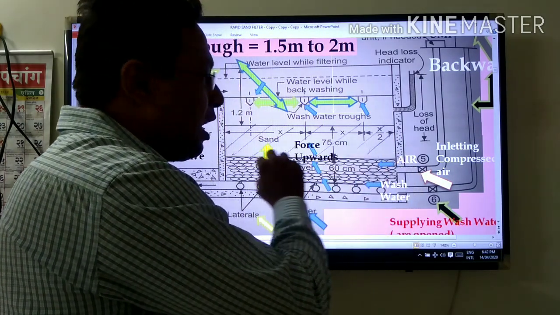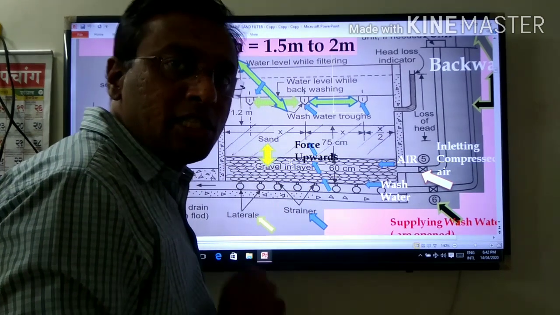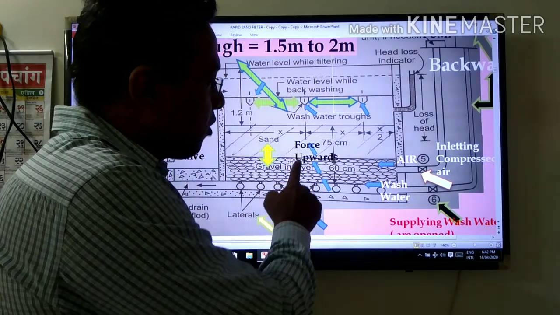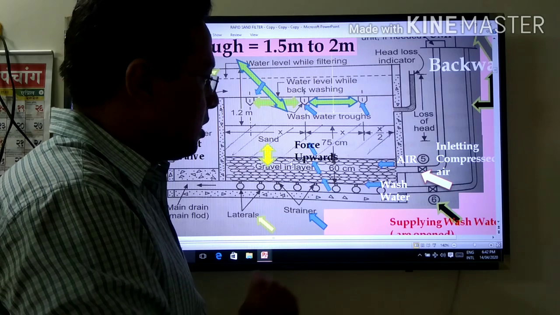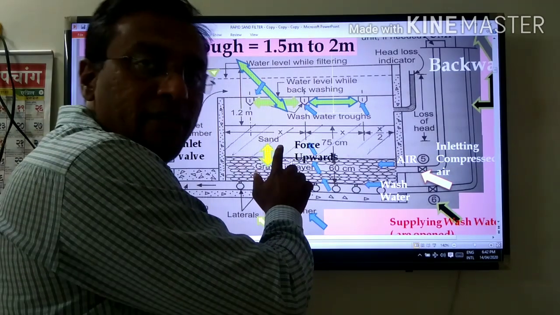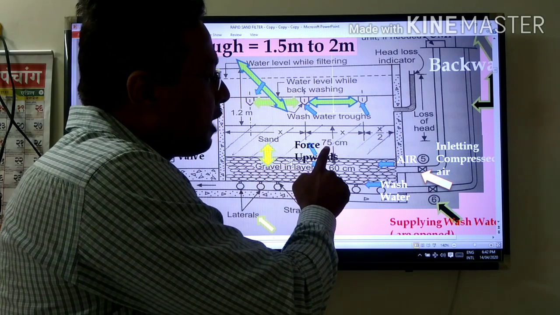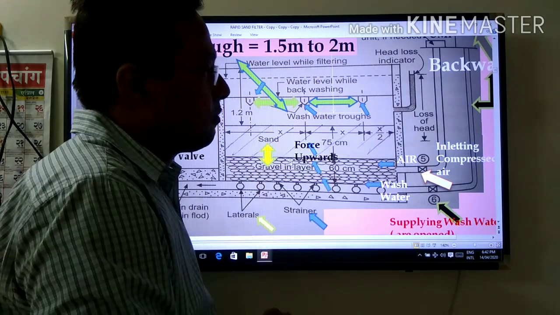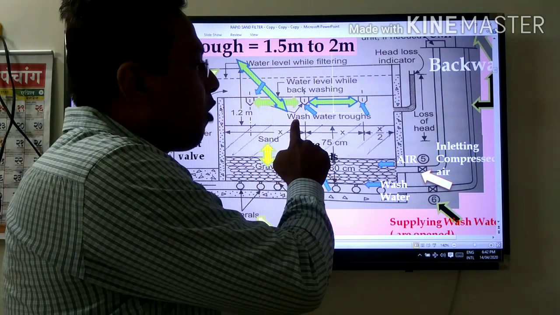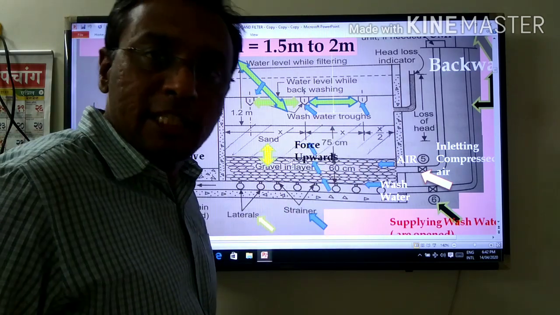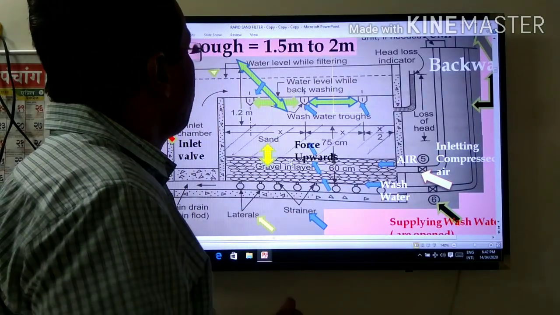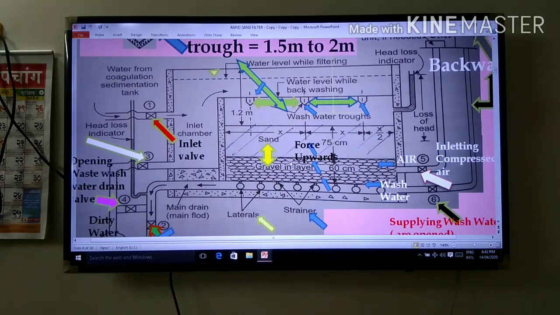This one is gravel having a 60 centimeter depth from this to this. Above that, the filter media is provided having a depth of 75 centimeter. Above that, wash water troughs are provided. Wash water troughs, see.